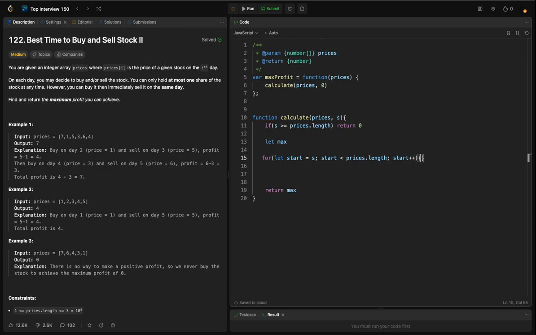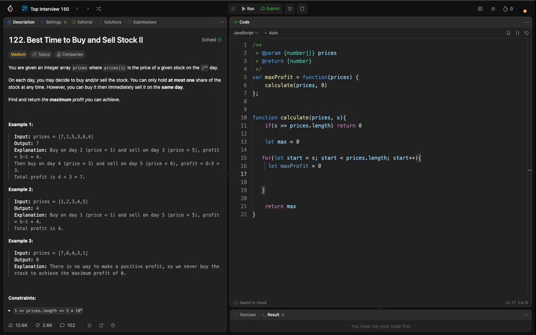Okay, and I will try to calculate the maximum profit for each stock and compare it with the current maximum profit. Let max equal 0. Let's make it equal 0 here. So let max profit equal 0. And first I'll try to create the maximum profit for each number, for each stock.